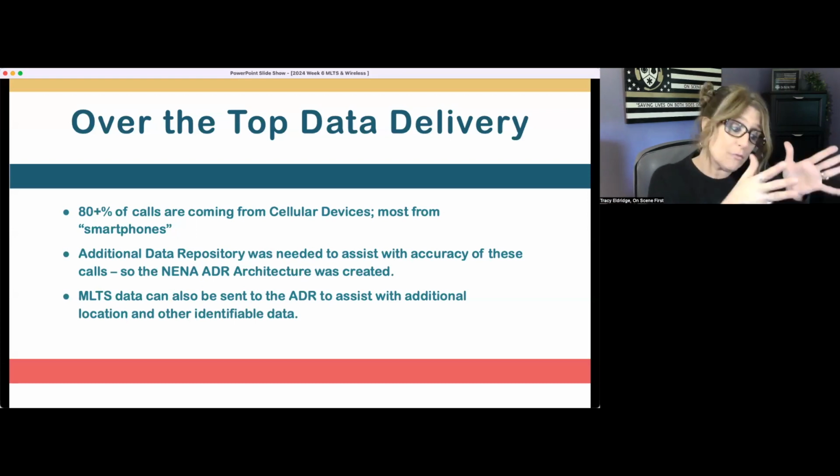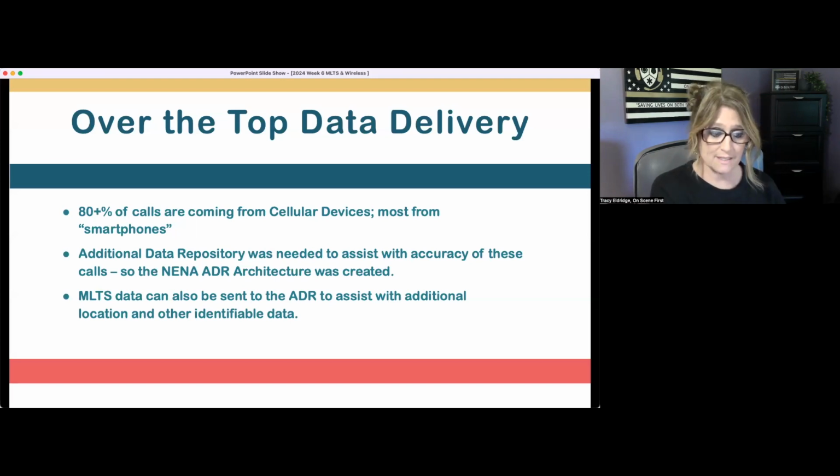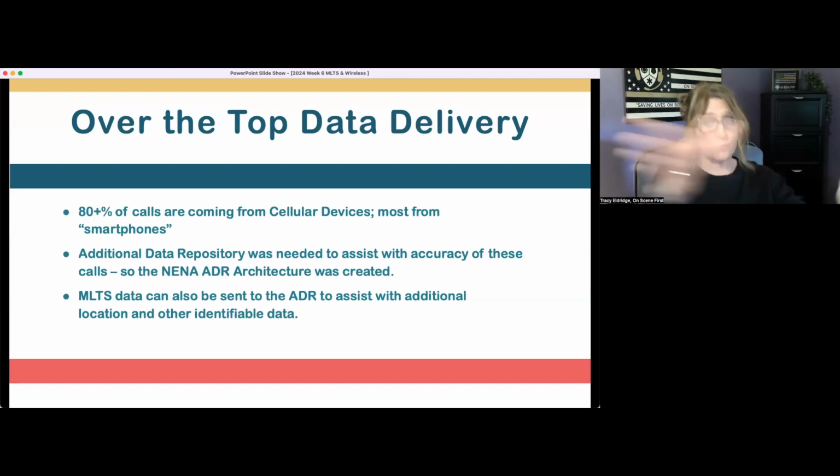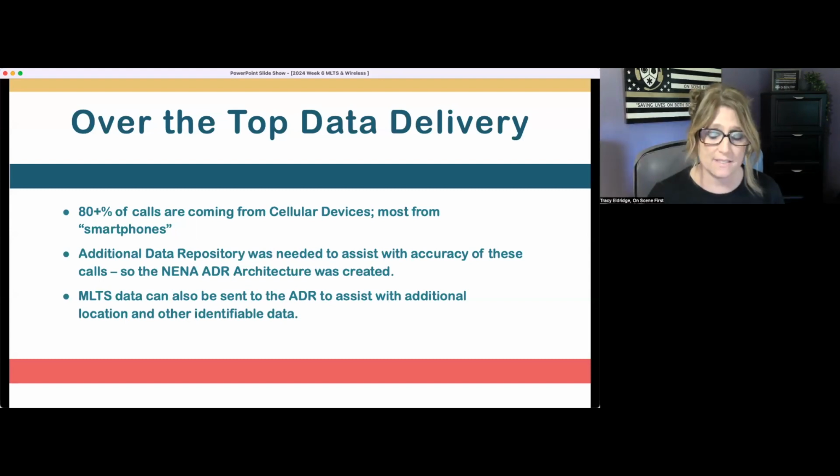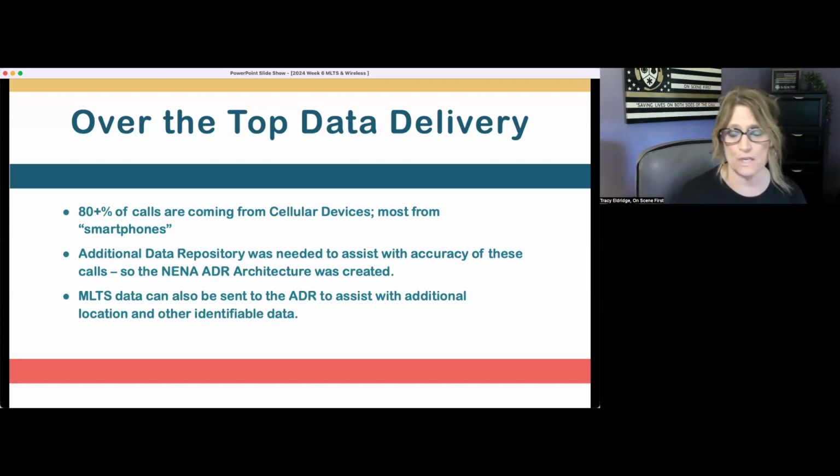Why? Because if we have one place that we can get all the additional data from versus 15, that makes sense. But everybody wanted it in the call handling solution.